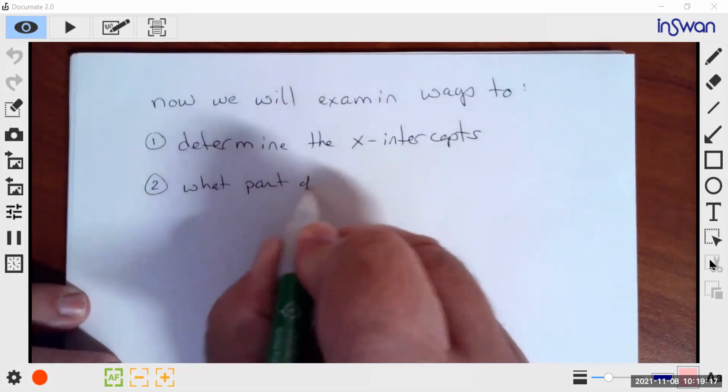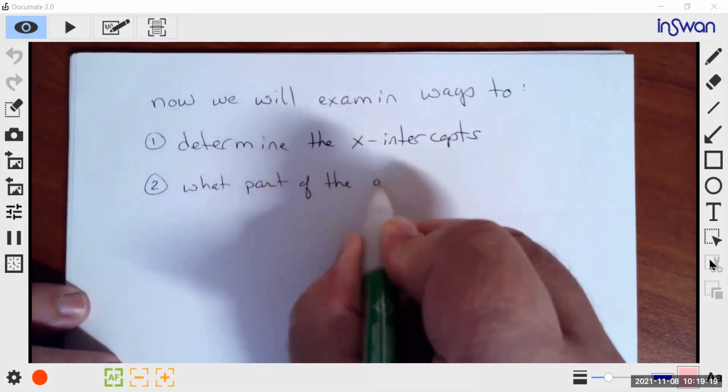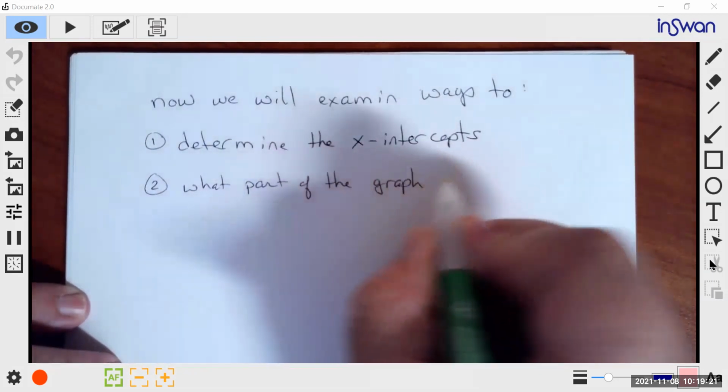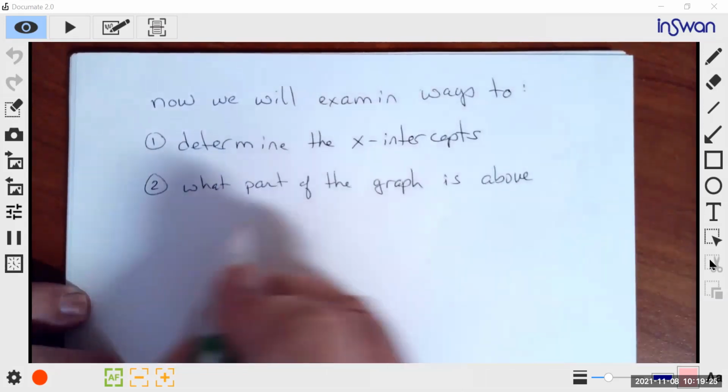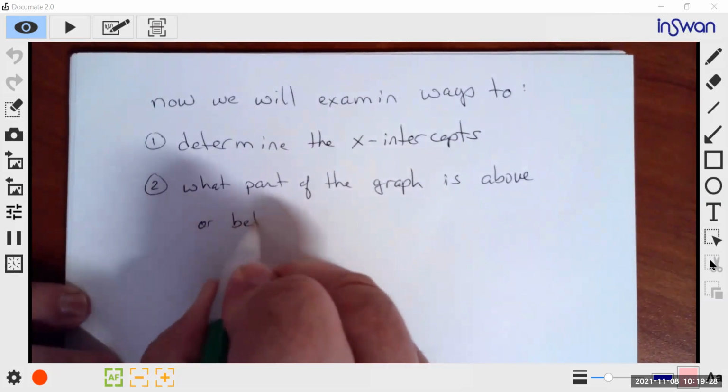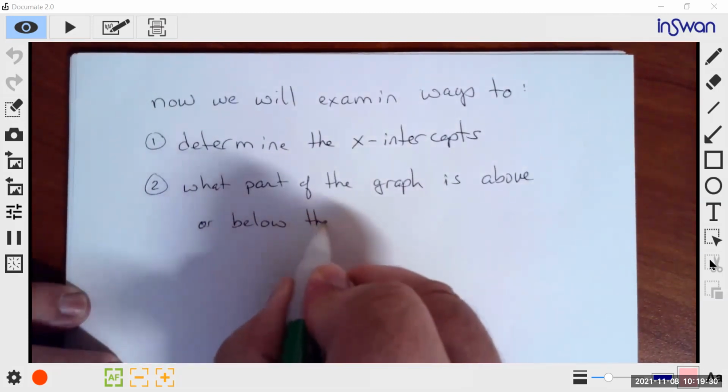What part of the graph is above or below the x-axis?